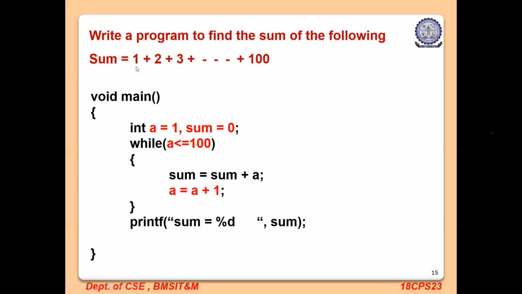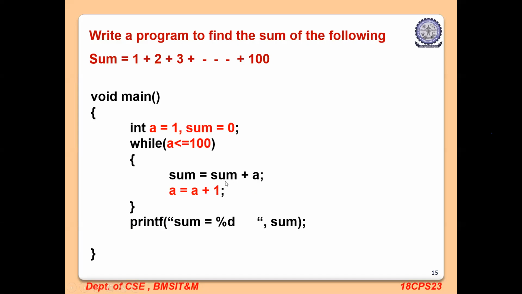So sum will be just equal to 1 now. Now I am incrementing the A value by 1. What is the value of A now? It is 2. Okay, it goes back, checks for A less than or equal to 100, 2 less than or equal to 100. So since you have 2 here, the condition will again evaluate to true.